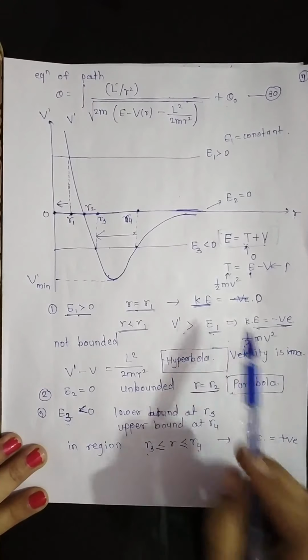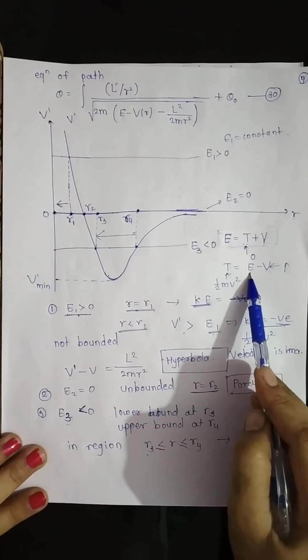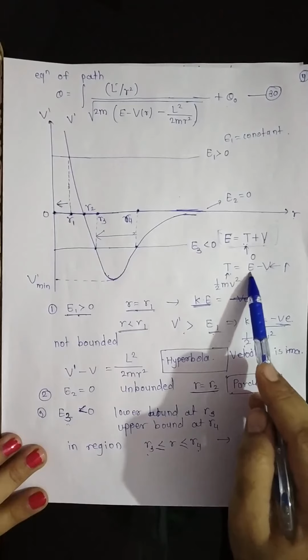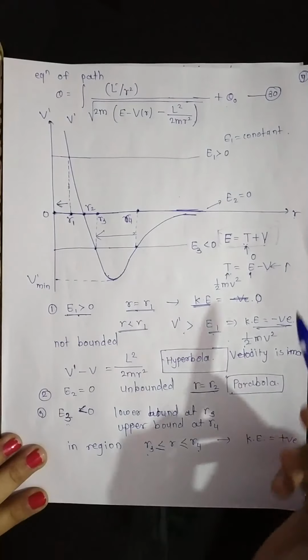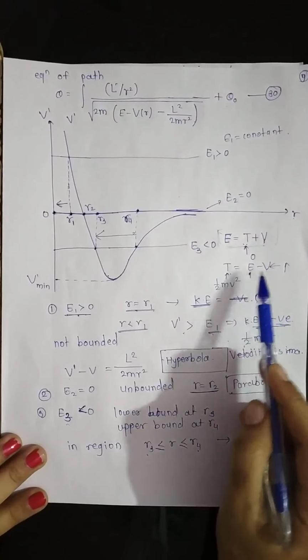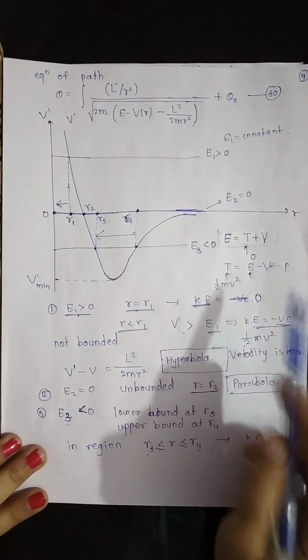Why will kinetic energy be positive? Because here our total energy E is negative and the potential is higher than this, so this overall difference will become positive.